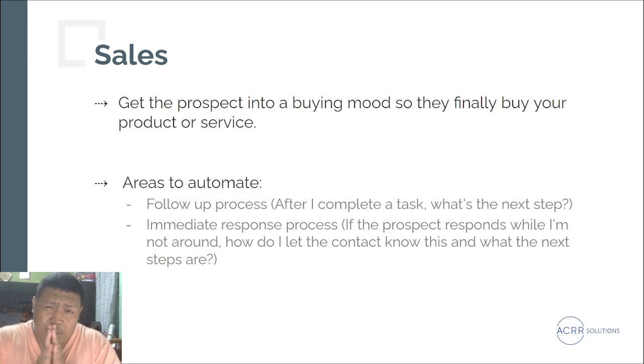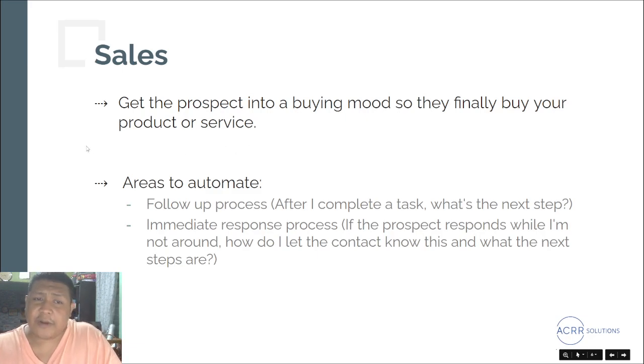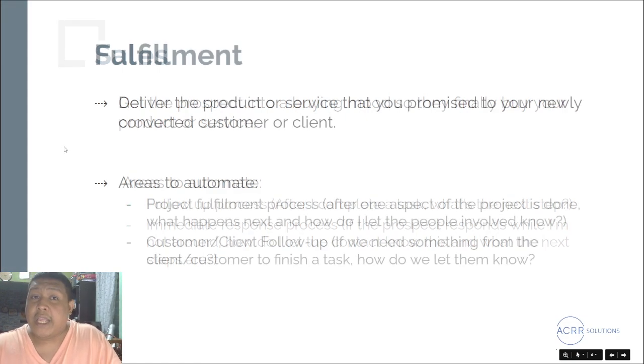You would want a system set up so that the prospect is notified, hey, he's not here right now, but he got your message. He'll definitely get back to you as soon as he's back in the office. Something like that. So these are just some of the processes that you would want to automate. Typically, the processes that you can automate in sales depend on the movement of the prospect in the sales pipeline. The next area that we want to talk about is fulfillment.